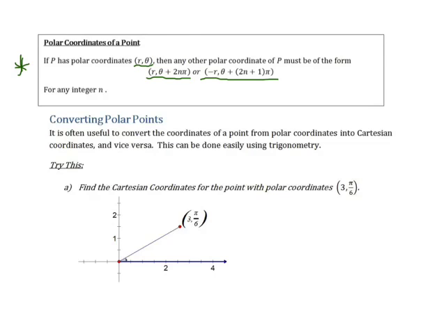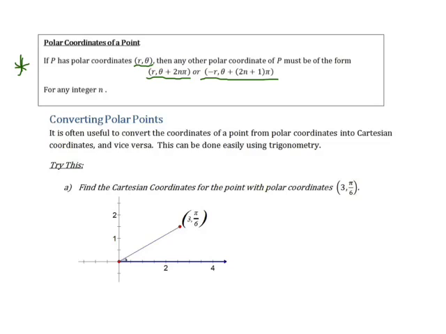Well, what if we want to locate a point in a different coordinate system? So here we have a point 3, pi over 6, and we want to find out what the Cartesian coordinates of this are. It looks like maybe 2.5 or something like that, and 1.5.